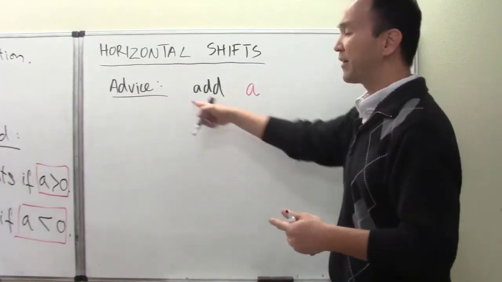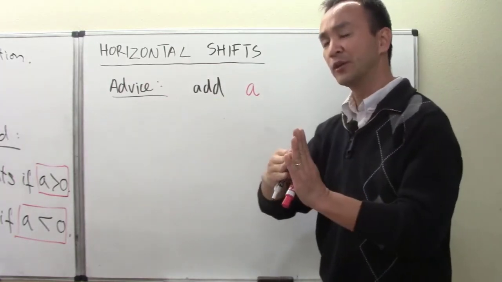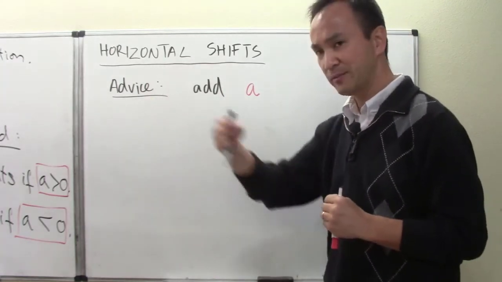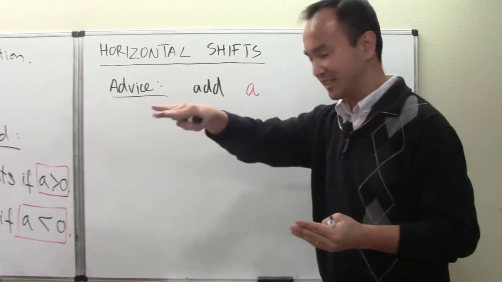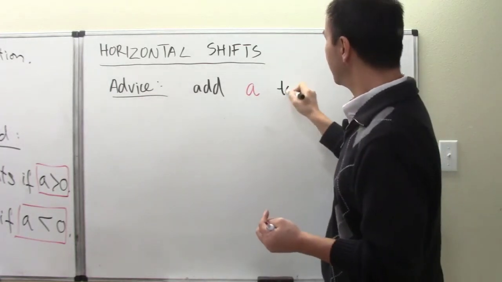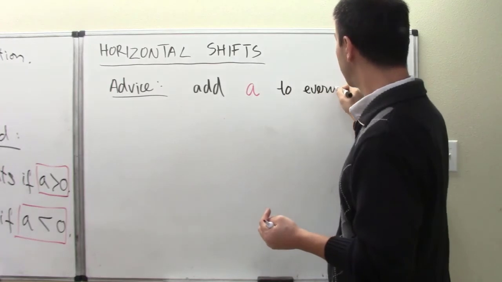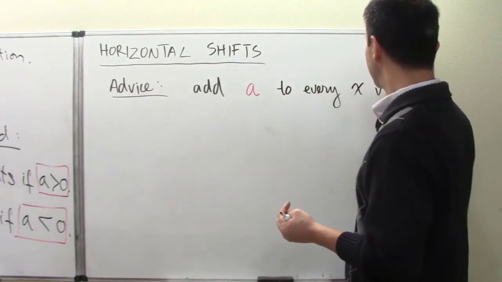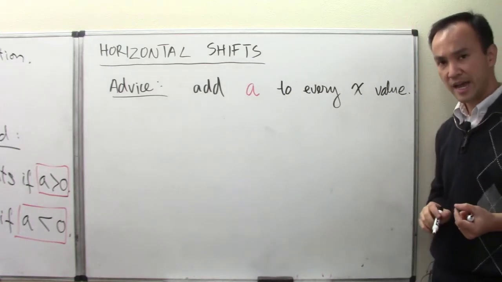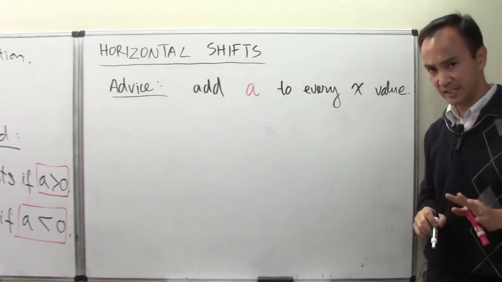So the advice I'm about to share here, in order to shift correctly on the x-axis, is to just simply add a to every x value this time. Add a to every x value. That's the advice again.